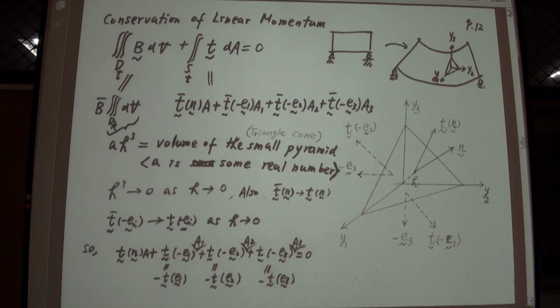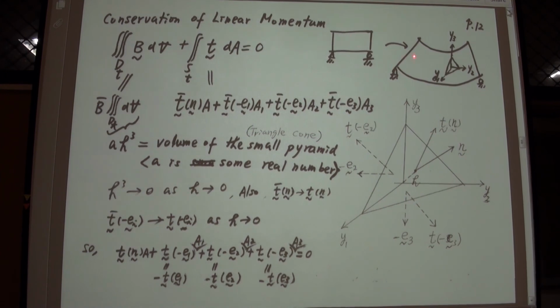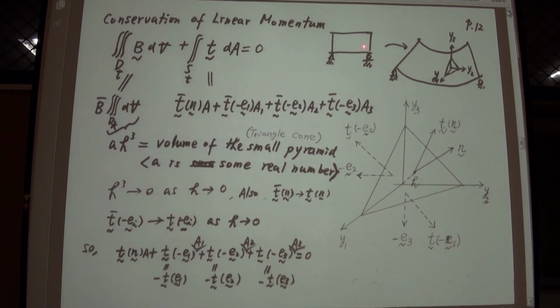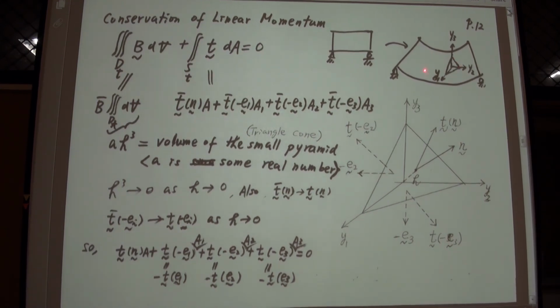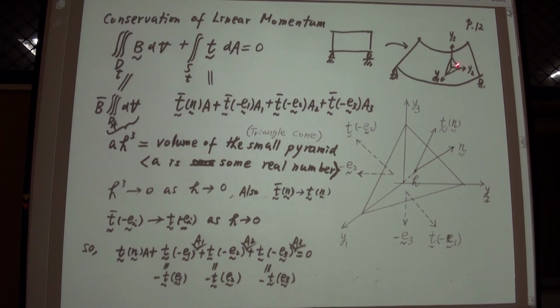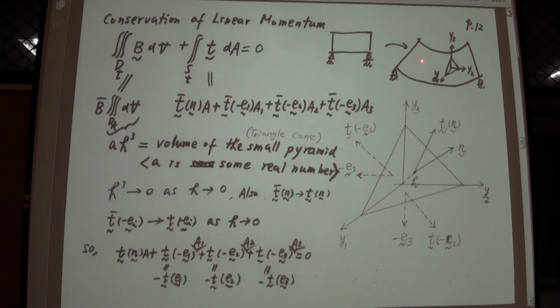Like here, in a deformed beam, this is the deformed beam, and this is the undeformed beam. We can take this material point. We can also take the material point here. We can confine ourselves in this domain. We can also confine ourselves in this domain. We can confine ourselves in this domain.